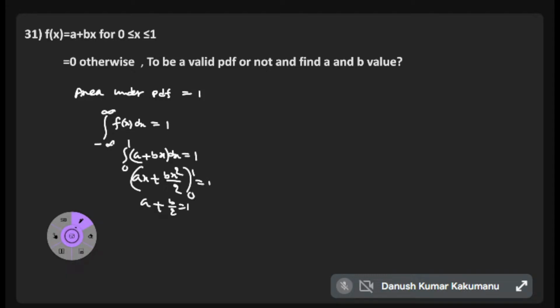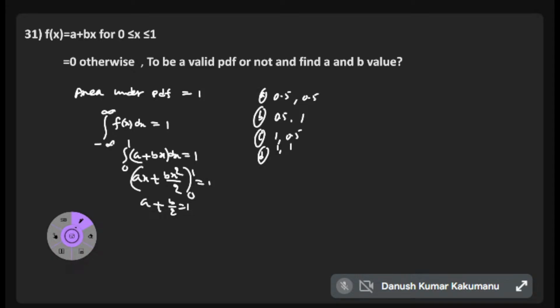So here, what are the different options given? Just observe. Option A: 0.5, 0.5. A and B respectively 0.5, 0.5; 1, 0.5; 1, 1. These are the different options.